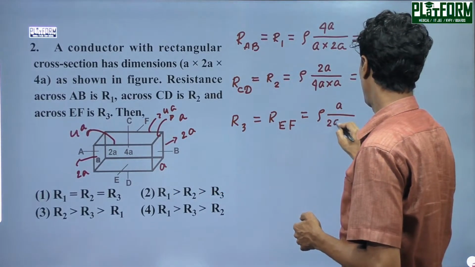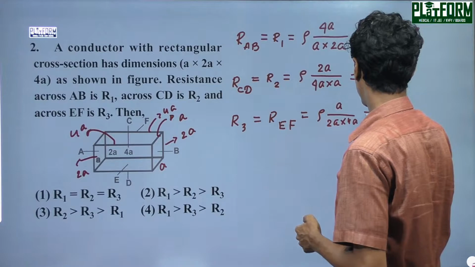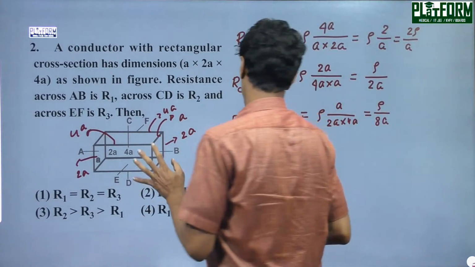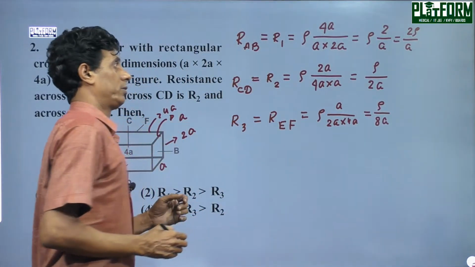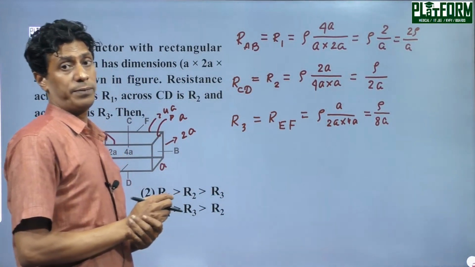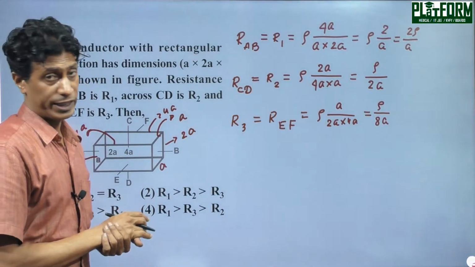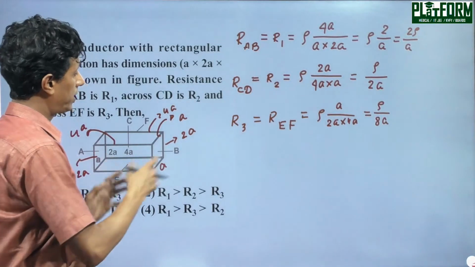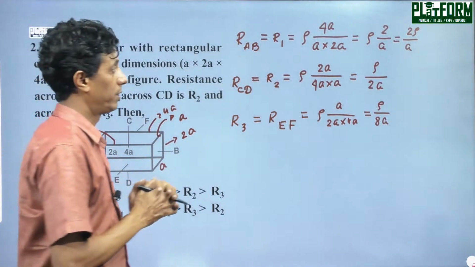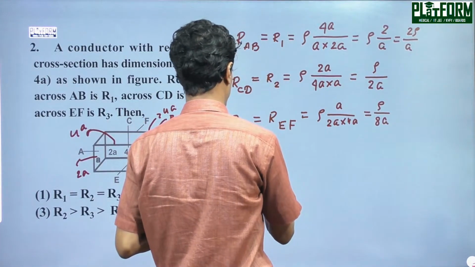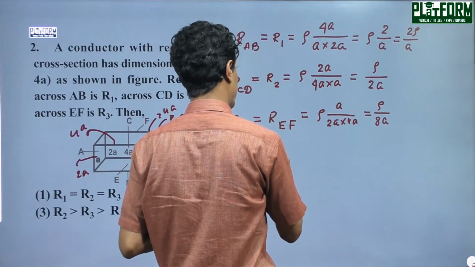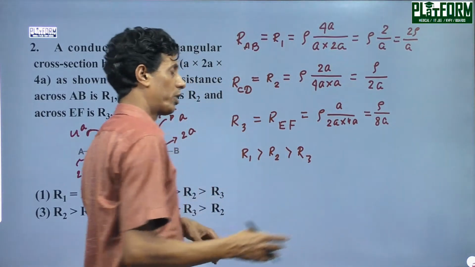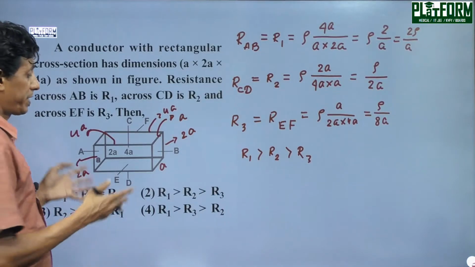So 2A into 4A, it is rho by 8A. So these are the resistances of the rectangular conductor across the different two opposite sides. And here R1 greater than R2 greater than R3. So in the descending order, the correct option matches with 2.